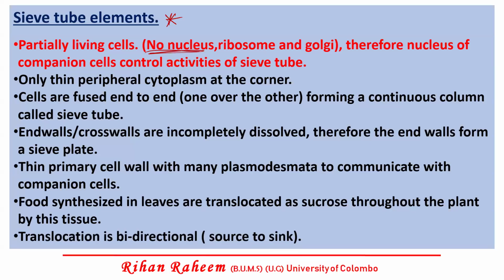The sieve tube element is the fellow who doesn't study at all. Companion cell is the fellow who studies well. So always the studying fellow should give the answer to the non-studying fellow. He has to give pencils, erasers, answers. So when we were discussing, we put that analogy and we studied, no?